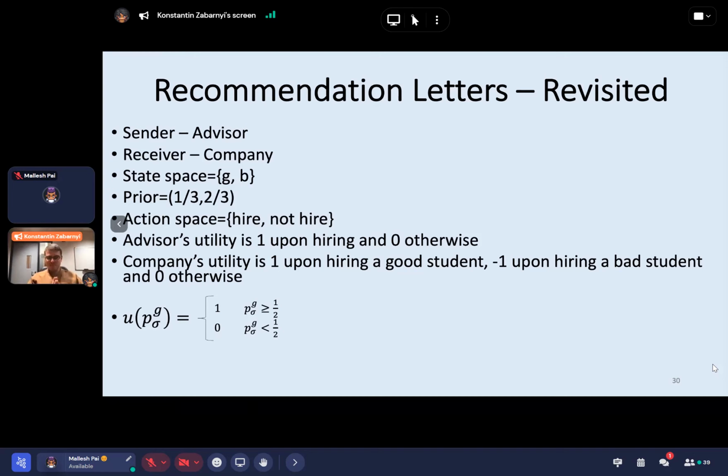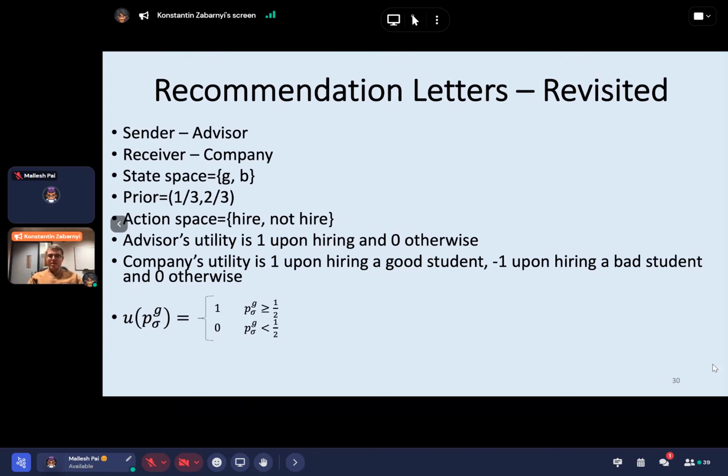So the company would hire the student if and only if the probability that the student is good is at least as high as the probability that the student is bad. And therefore, if the posterior probability the student is good is at least 1/2, then the indirect sender's utility would be 1 because hiring occurs, otherwise it would be 0.